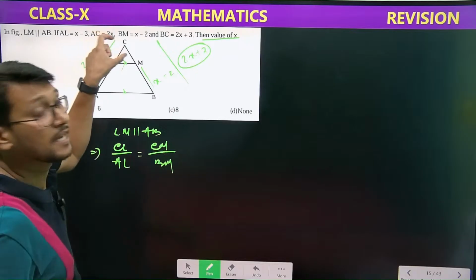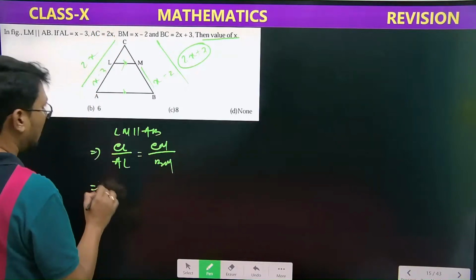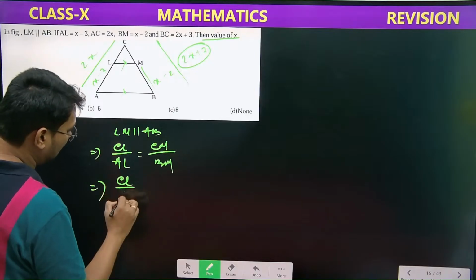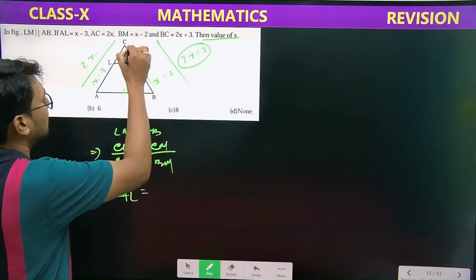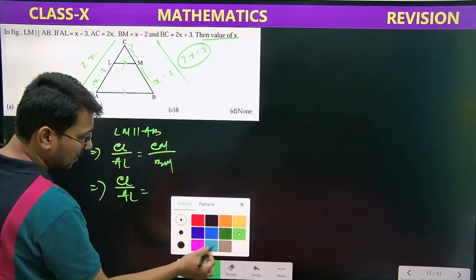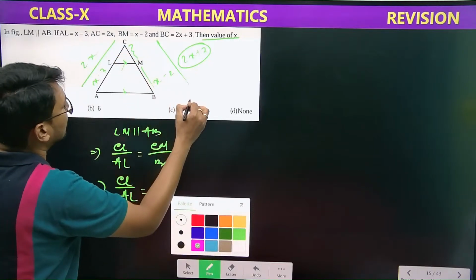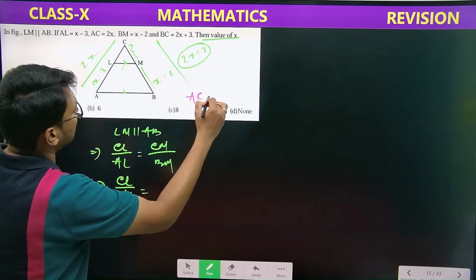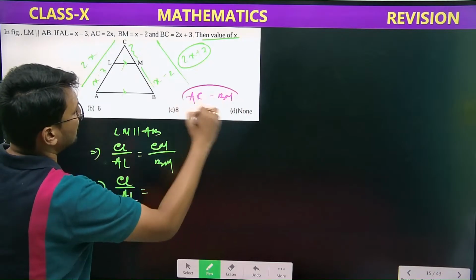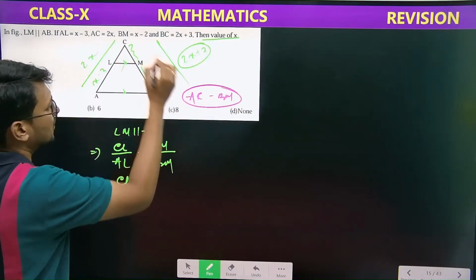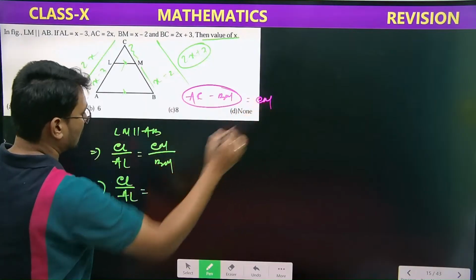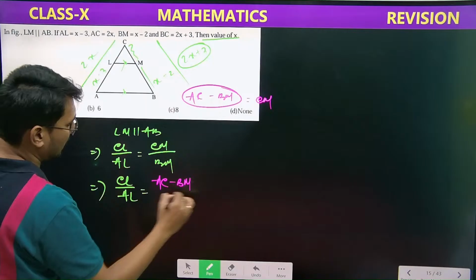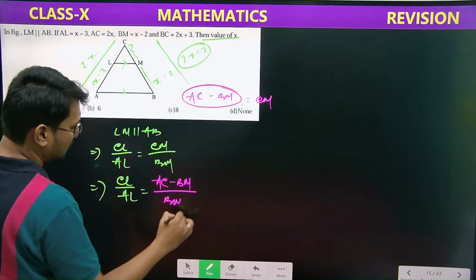But we don't have the CM value, so we have to find CM. CM can be written as BC minus BM, so in place of CM we write BC minus BM, divided by BM.